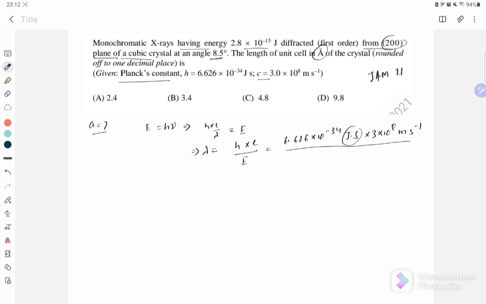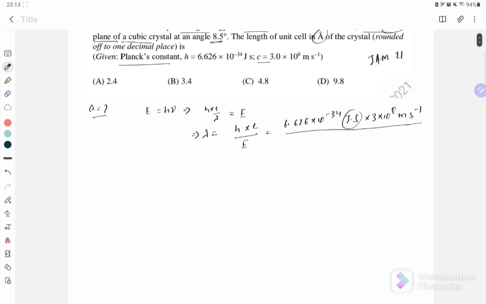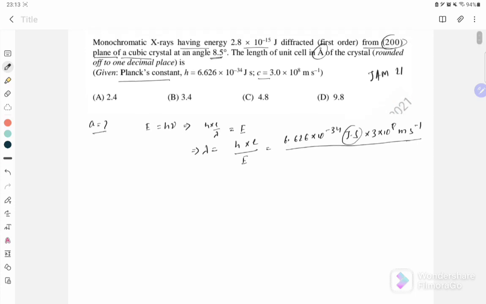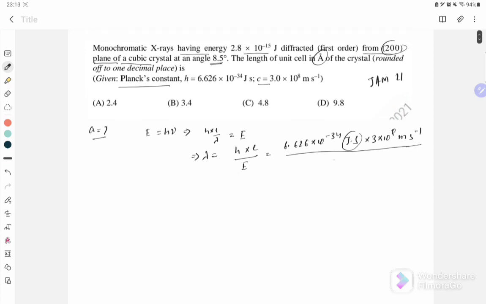Many students make mistakes with the units, so it's always preferable to write the unit with the numbers also. Then E, the energy, is 2.8 into 10 to the power minus 15 joule.